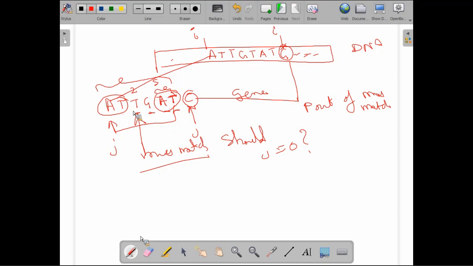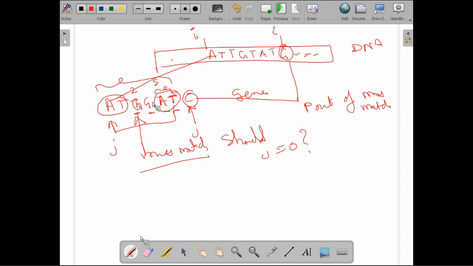Suppose there is a T here, we can match whether that is matching directly with this, or if there is a C here, we can see whether there is a match directly or not. If there is a G here, you can see directly whether there is a match here or not. You can jump, not to the beginning of J. You don't have to go to J equal to 0. You can start with J equal to 2.